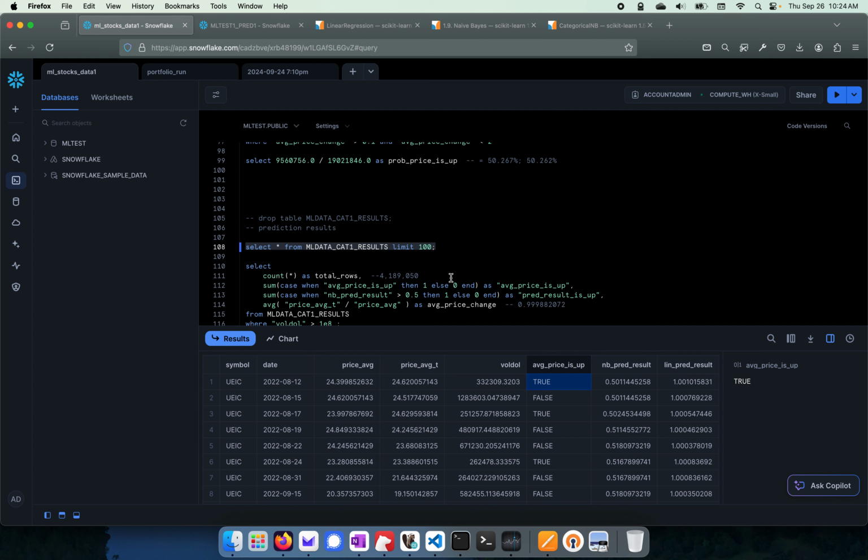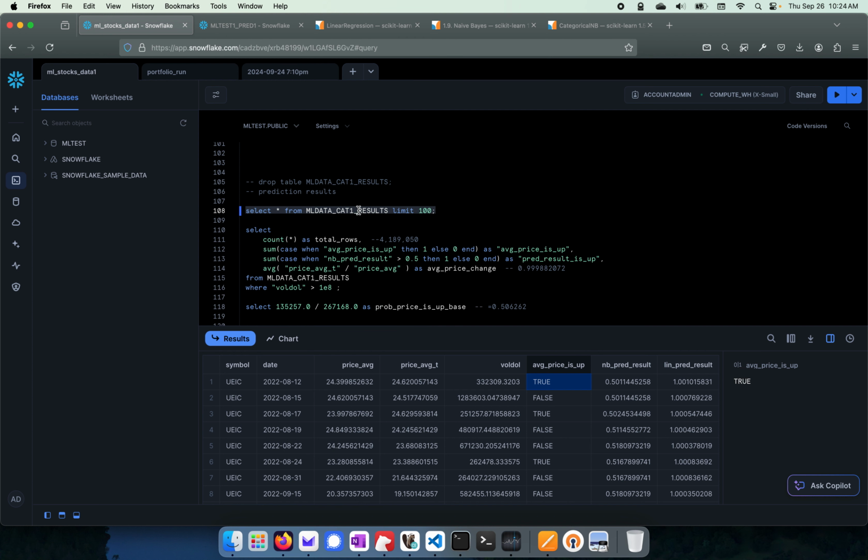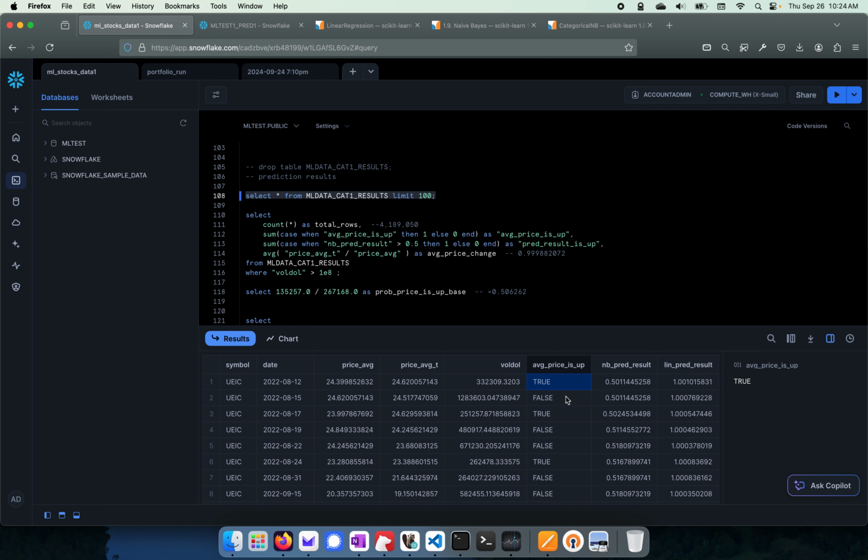And this, I think, came out of our attributes. So I think this is the real value. So this is the correct classifier. It's false, but the prediction would say that it would have gone up. So here we have a mismatch, for example.